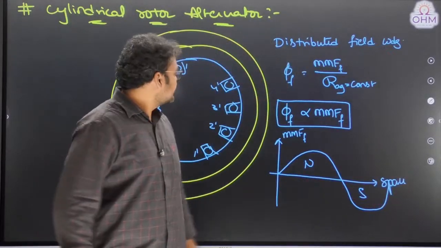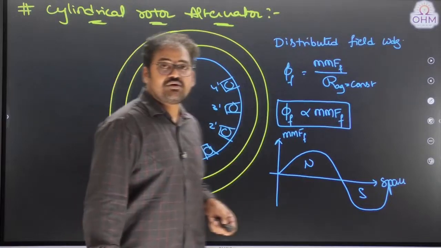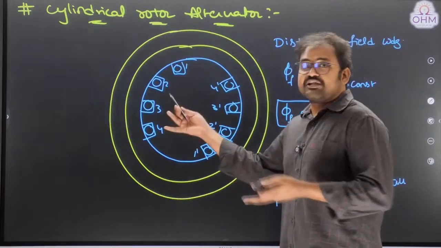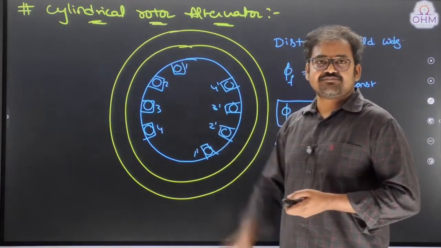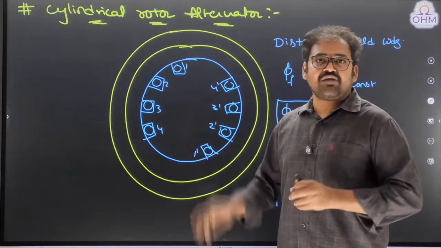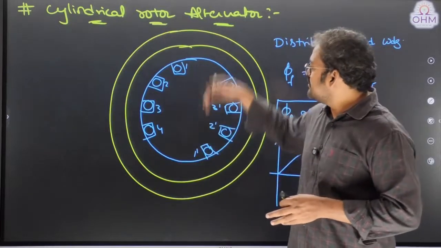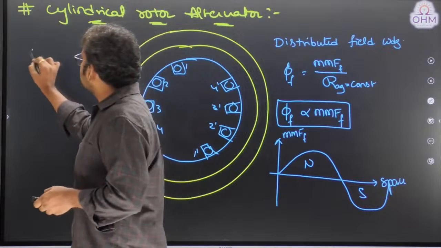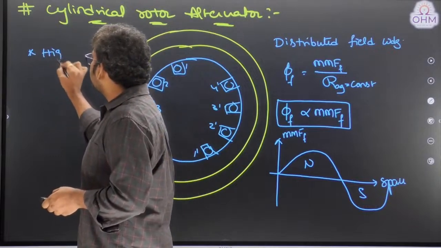Okay, yes. So obviously, as the air gap is uniform, the centrifugal force effect is very, very less. Therefore, there is no mechanical damage to the rotor even though you rotate the rotor at high speed. That means you can use this rotor for high speed prime mover applications.